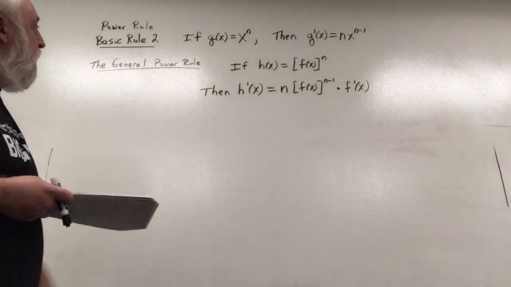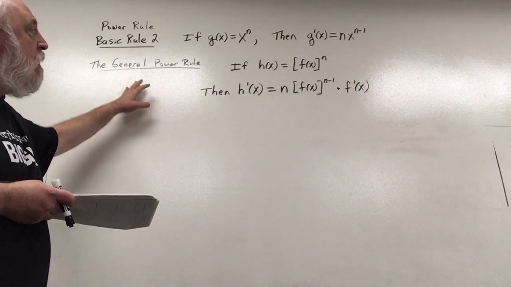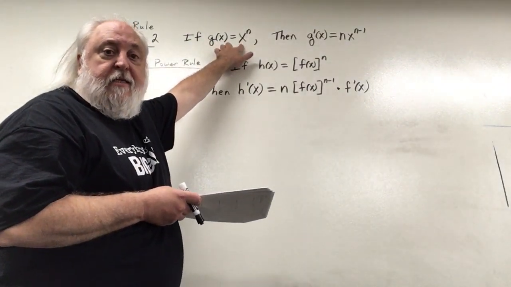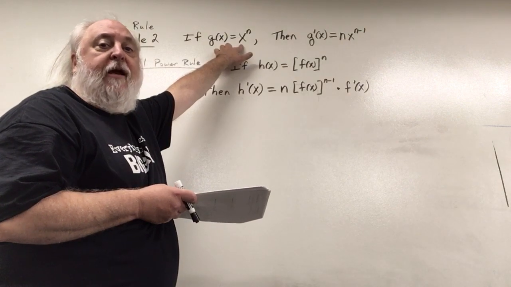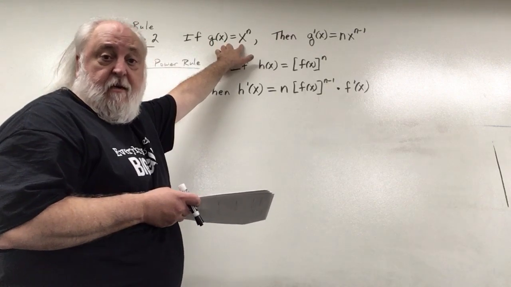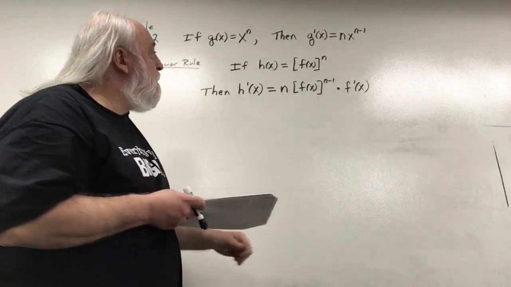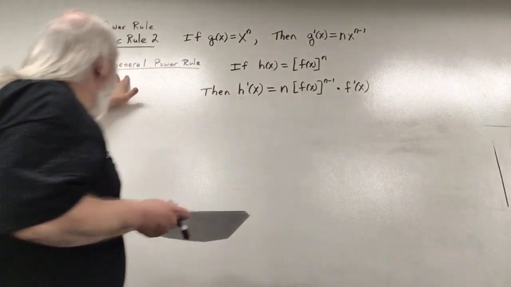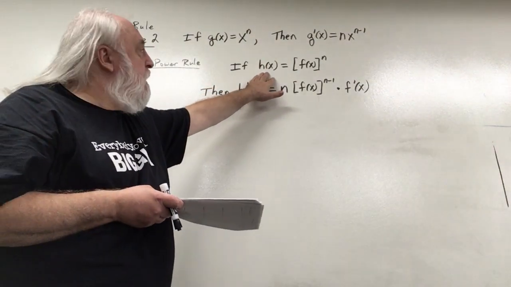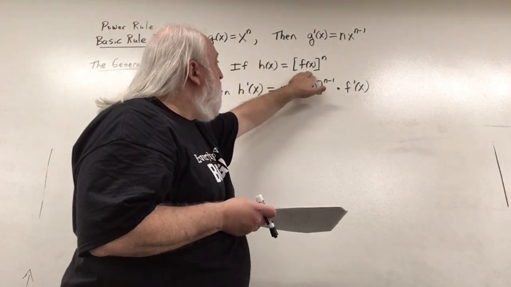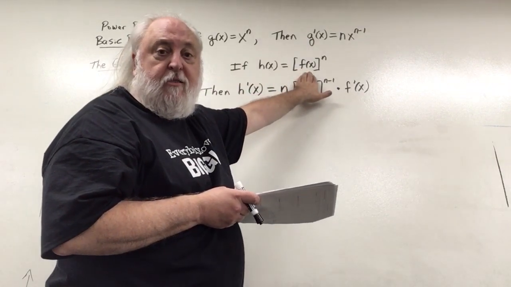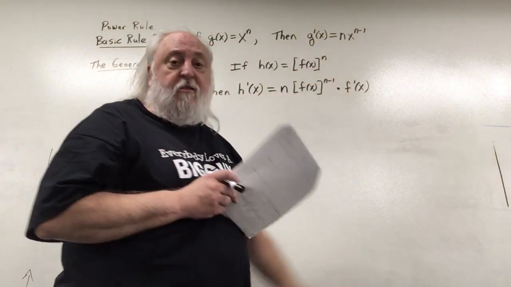Well, the general power rule deals with the situation where the x here is replaced with an algebraic expression involving x. So it's no longer just x here. It's like a function of x. So in the general power rule, I have the function h of x, and instead of h of x just being equal to x to the nth power, it's equal to some algebraic expression involving x raised to the nth power.